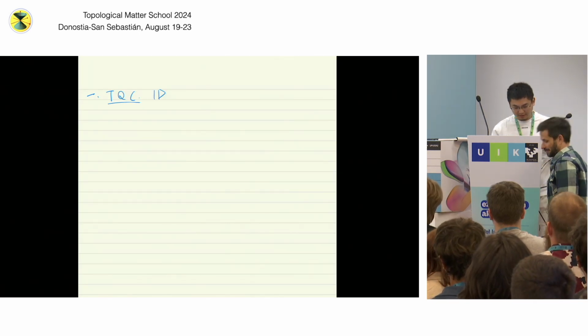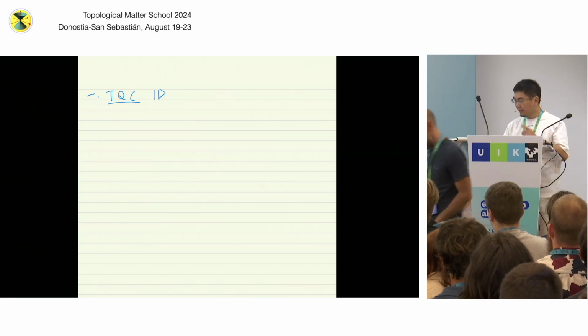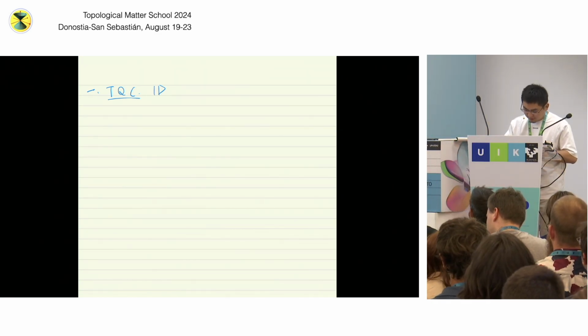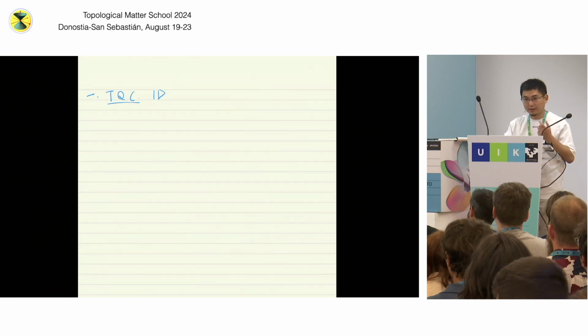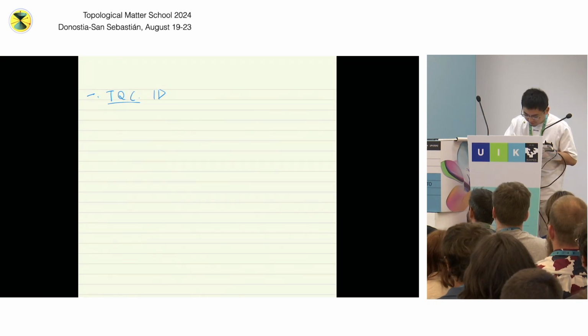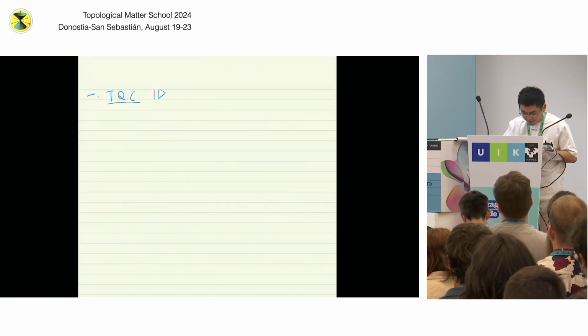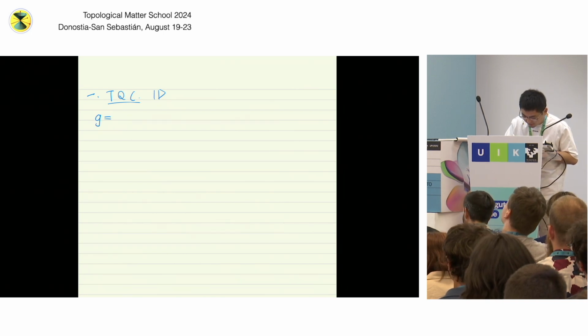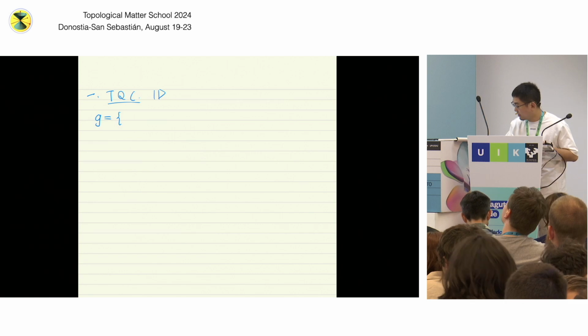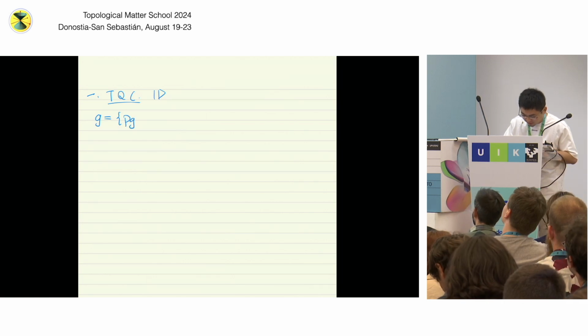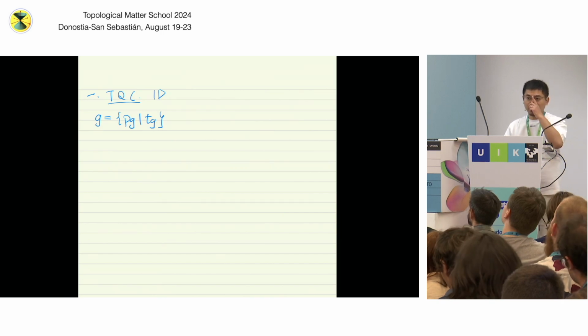Okay, sorry for this. So we start with a 1D system with a symmetry group generated by translation and inversion. I first introduce this Seitz notation for spatial group elements. We denote a symmetry element by this notation. Basically, this PG is a point group operation.